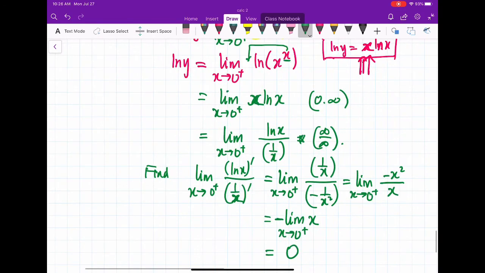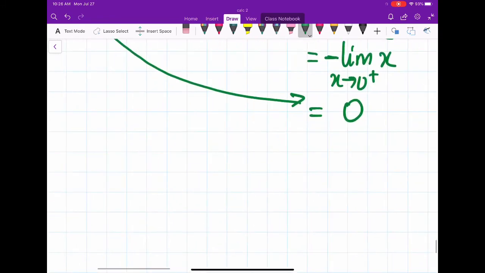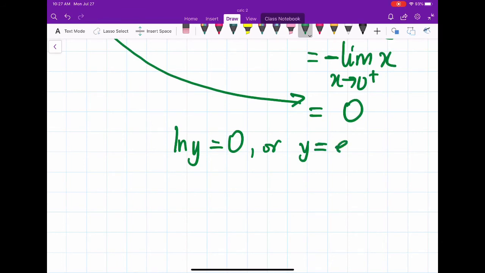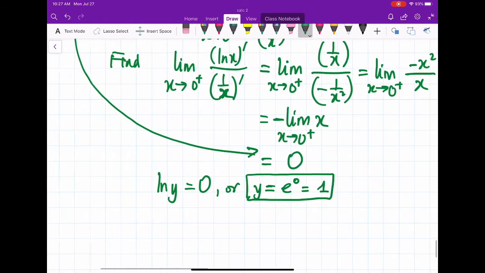What does it mean? That means ln of y equal to 0. Right? Ln of y equal to 0. Or y is equal to e to 0, which is 1. You see? It's pretty interesting, right? Pretty easy.